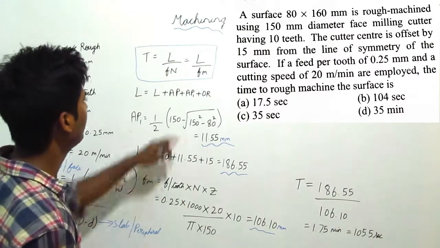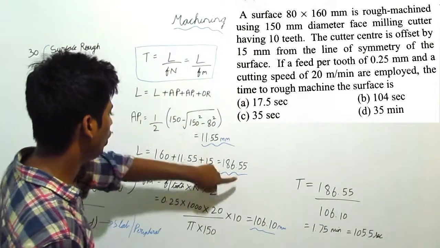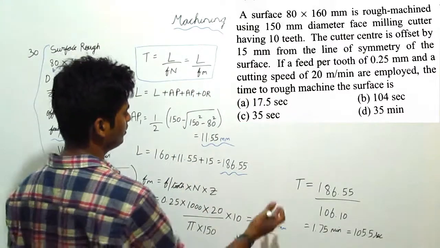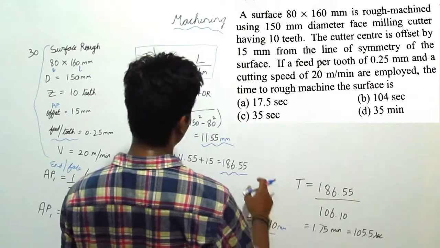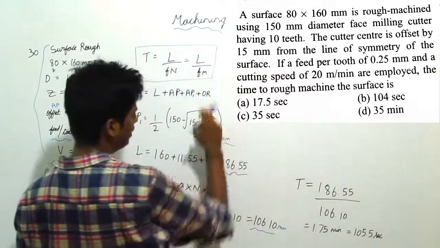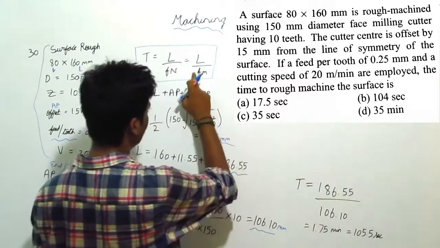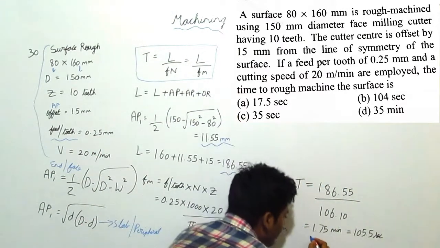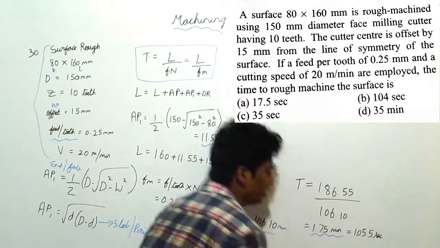Okay. We have found the total length value as well as the machine feed value. We substitute these two values in this formula. That is T equal to total length 186.55 by Fm value 106.10. Finally, we are getting 1.75 minutes.